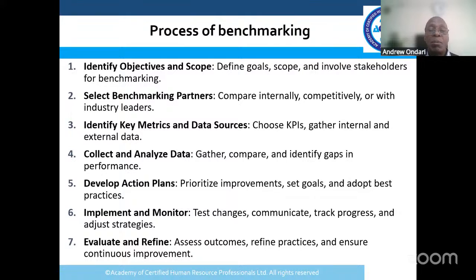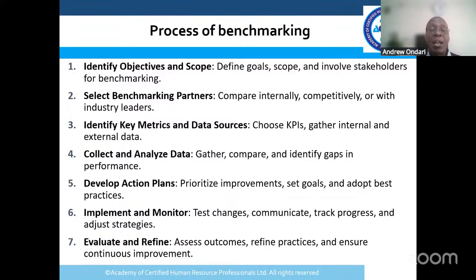Why do we need to identify metrics? Because we want to get specific data that can help us to make those decisions. Without data, it becomes difficult, one, to identify trends, and also two, to determine the relationship between the various factors affecting our performance, be it in recruitment, training, performance, and others.